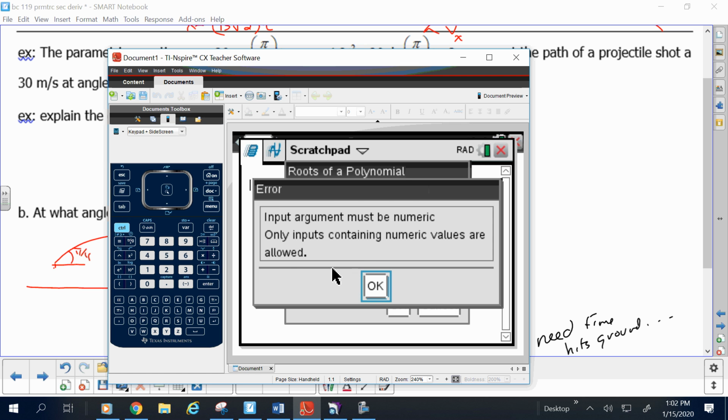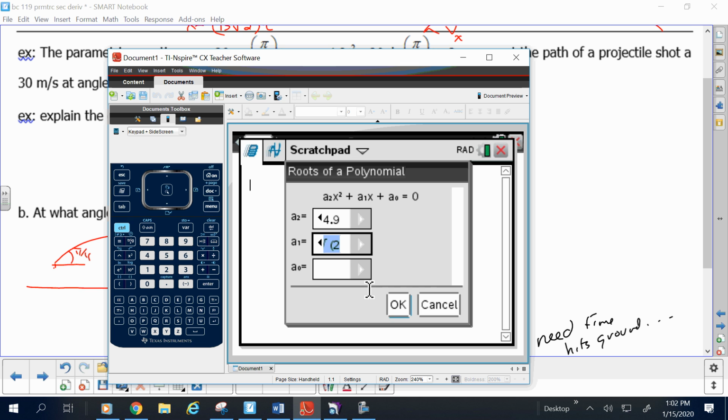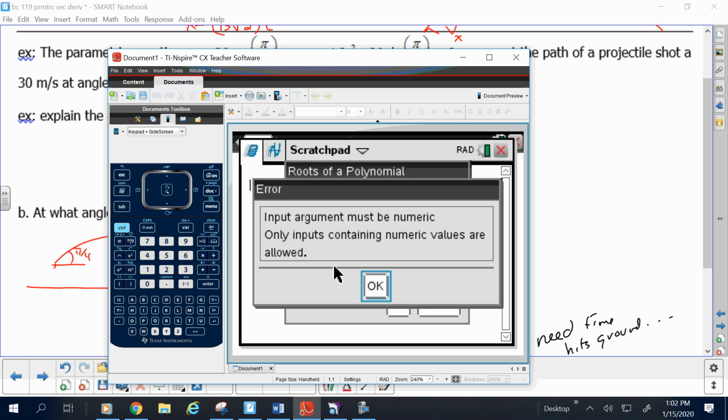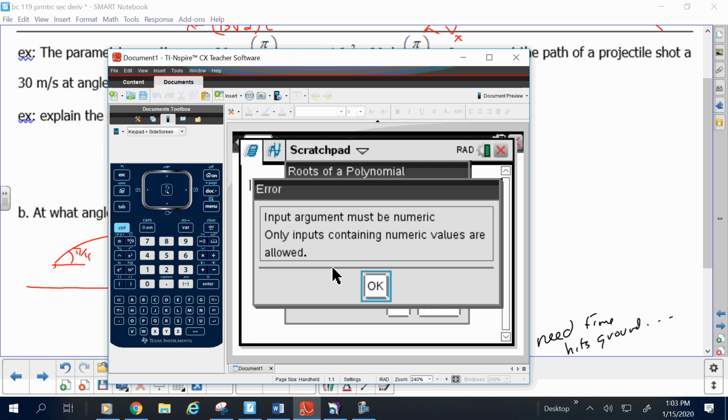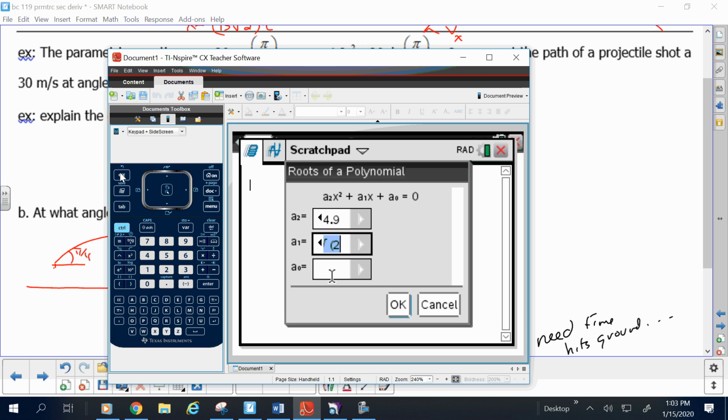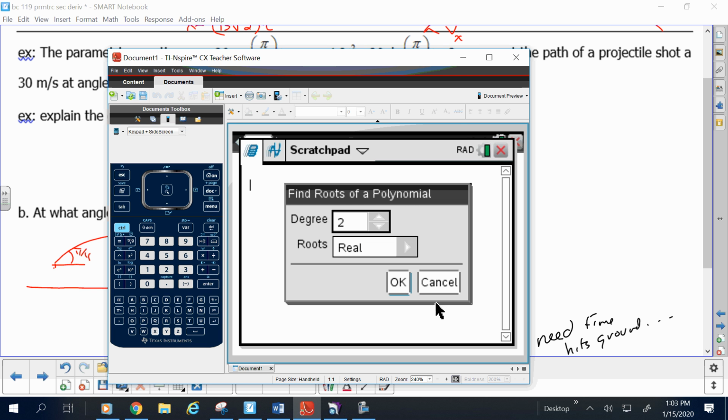Sorry, I'm so slow. Oh, shucks. What did I do? Did I not do numeric? They won't let me do 15 root 2. That sucks. Never mind. I failed.